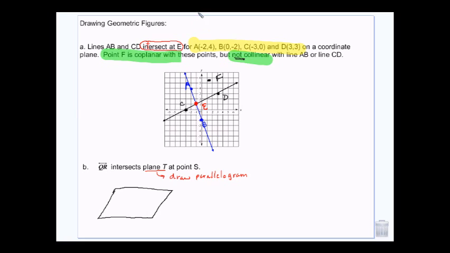It's not really a word. Or if you're like me and you like to cheat, you can draw this kind of ugly parallelogram and then the computer will fix it for you. Don't worry, I don't grade on pretty.